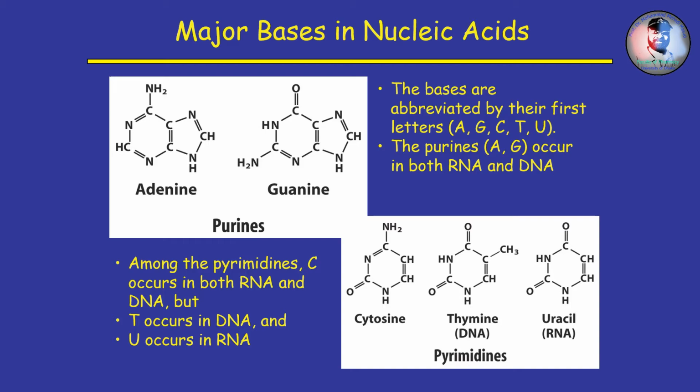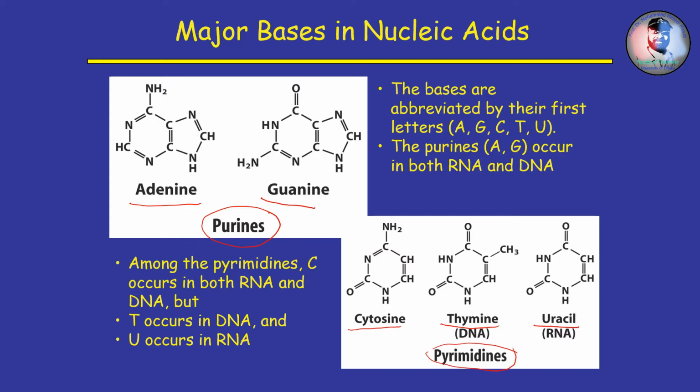Among the 5 major bases, 2 bases, that is adenine and guanine, are purine derivatives, and 3 bases, that is cytosine, thymine, and uracil, are pyrimidine derivatives.